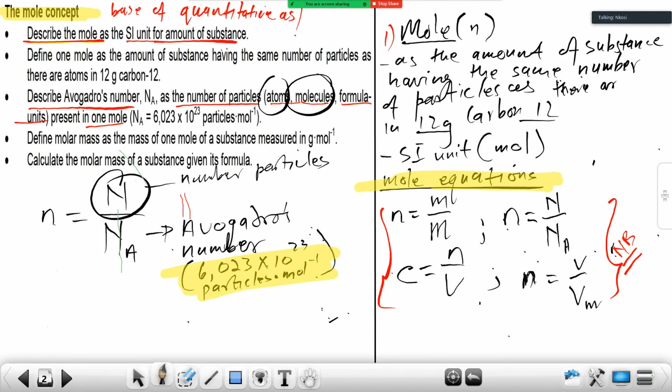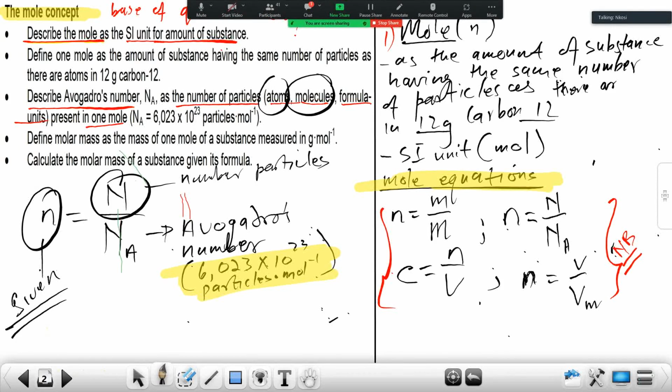When I am expected to calculate the number of atoms, the same. If I am expected to have a number of molecules, I can only relate this to the Avogadro number, provided that the number of moles is given. That is very, very key.